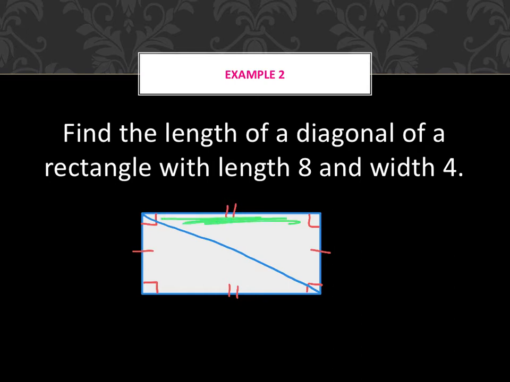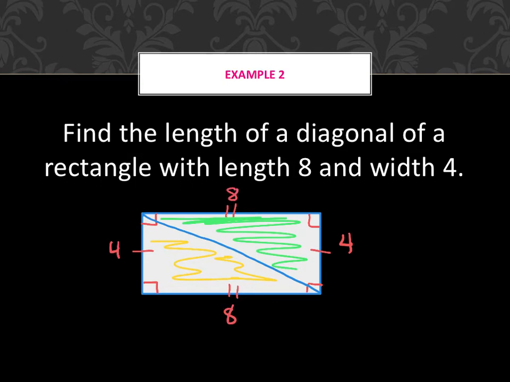So I have a right triangle over here as well as one over here. And again, it doesn't matter which one I use, whether I use the green one or the yellow one, because I'm going to go ahead and also label my sides. So it has a width of 4 and a length of 8.